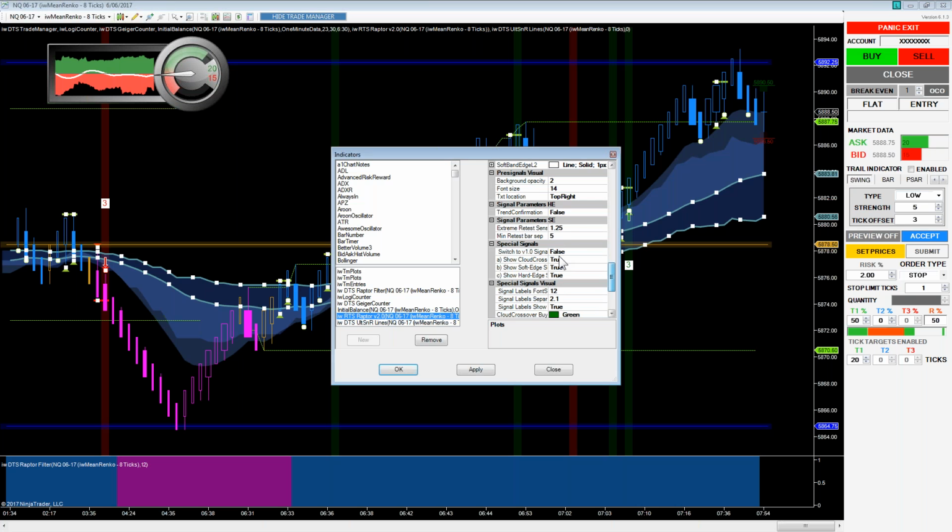The only change I've made is right here, signal parameters soft edge, SE. The extreme reset by default is 1.01. I have mine set at 1.25. That's the only change I've made.